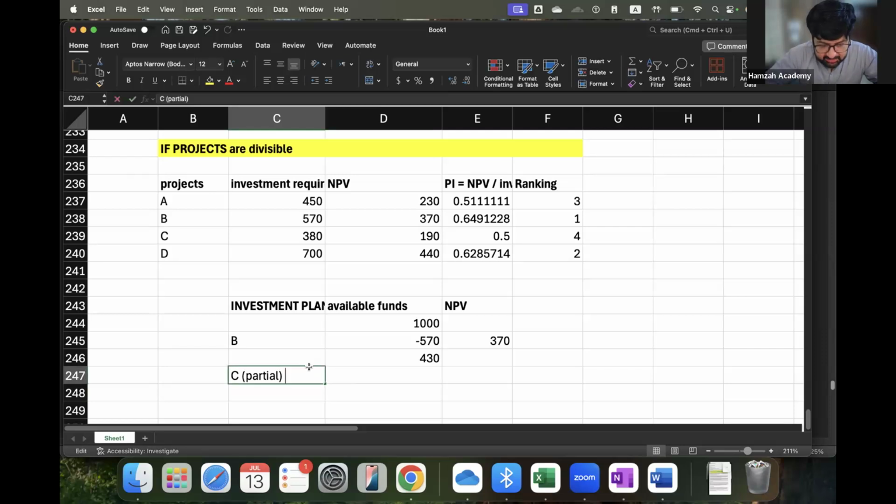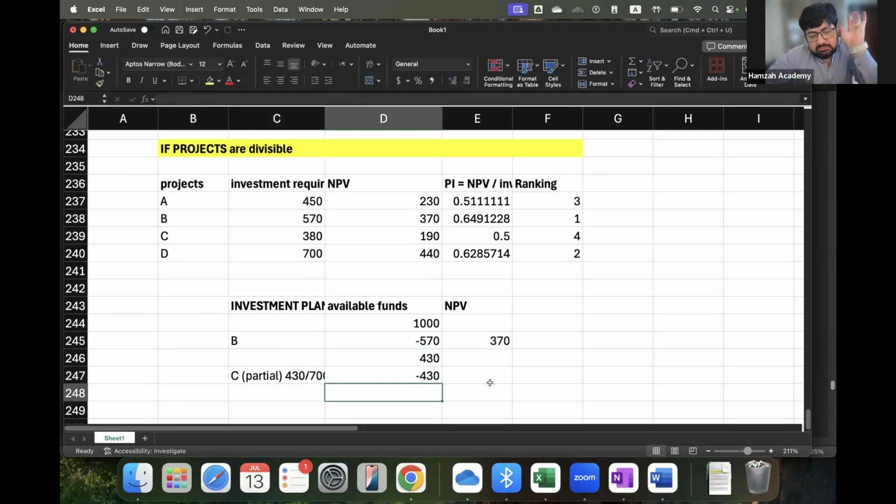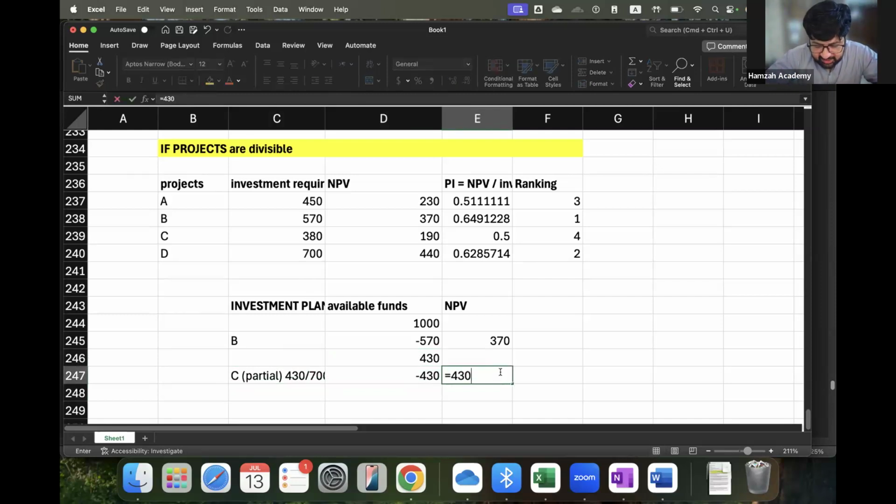So let's see here, which part? This part: 430 divided by 700. We have only this amount. So 430 investment we can do, and the same proportion of NPV we will earn. Then D it is.